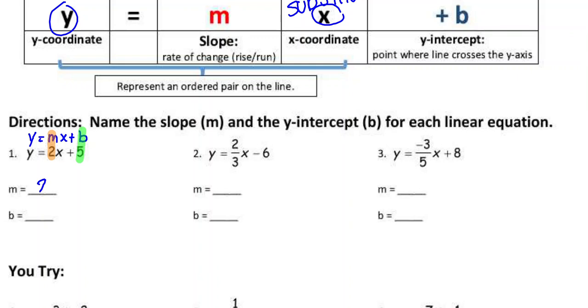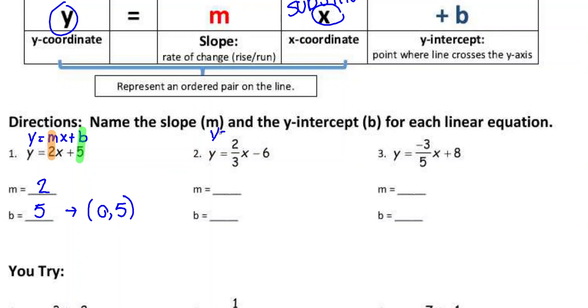So m is 2. Y-intercept is 5. So it's going to cross the y-axis at 0, 5, if I were to plot that point. And it would have a slope of 2. That's all this means. We're just looking at the linear equation and figuring out what is the slope and what is the y-intercept.